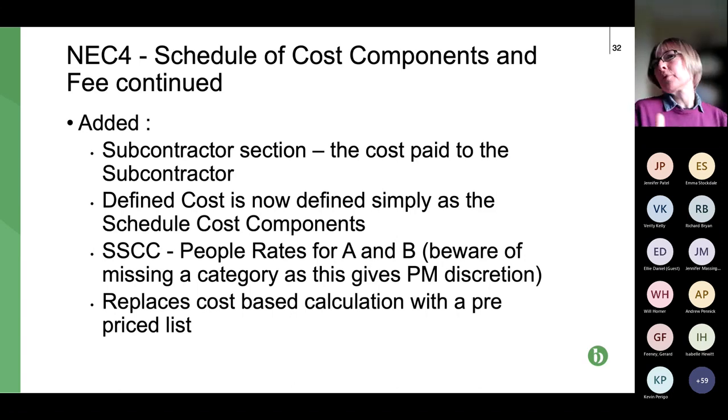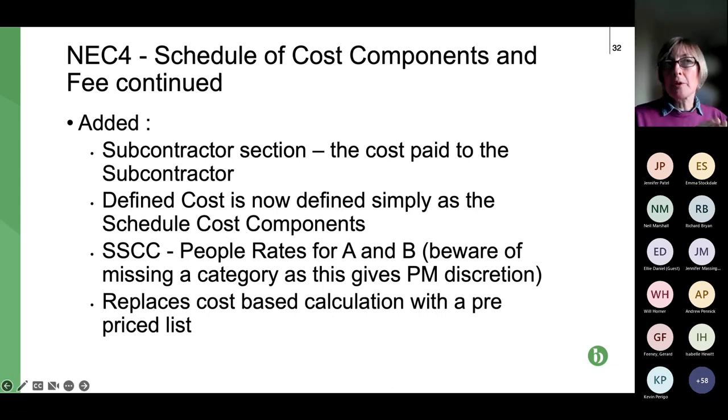It doesn't mean that previously under NEC3 you couldn't claim for your subcontractors, because they're covered under the definition of defined cost. It just means that if somebody's new to NEC, they look at either of the schedules of cost components and can clearly see that subcontractors are included, whereas previously you would look at it and think, well, I can't see any reference to subcontractors, so how do we claim for them?